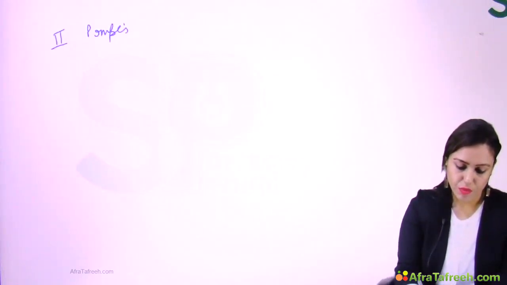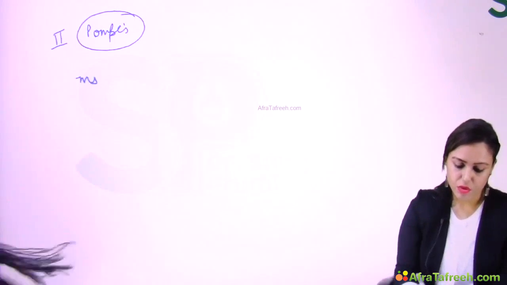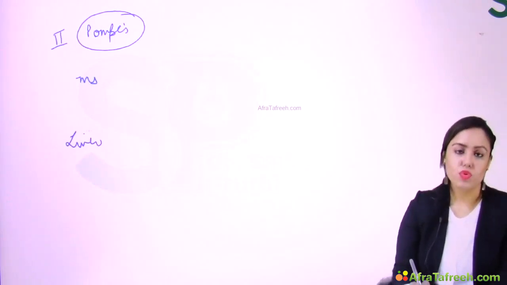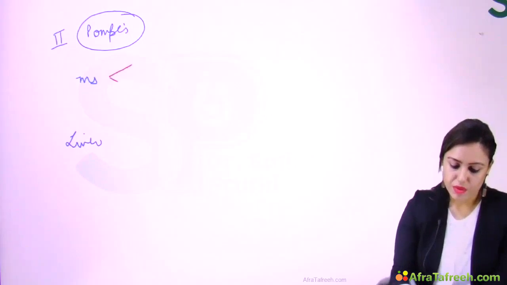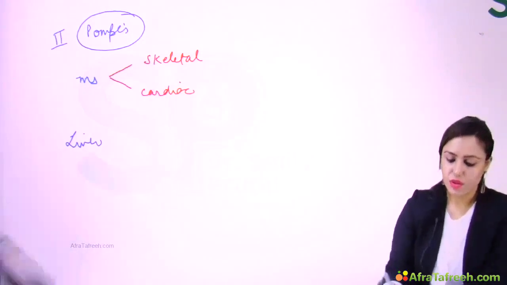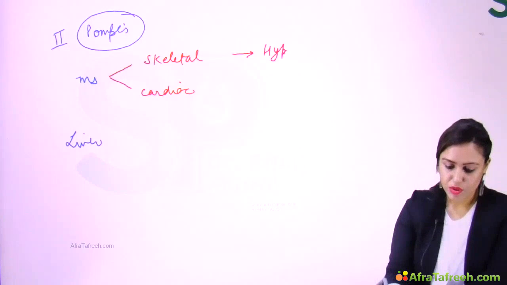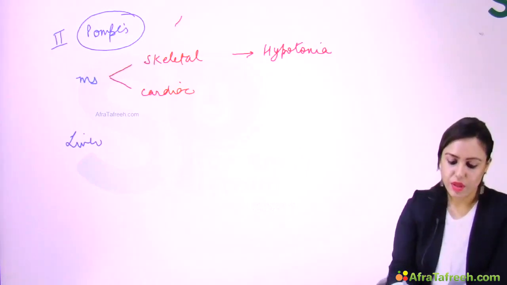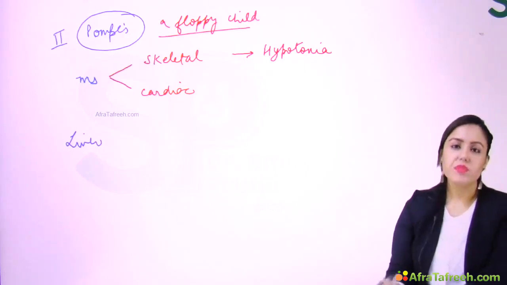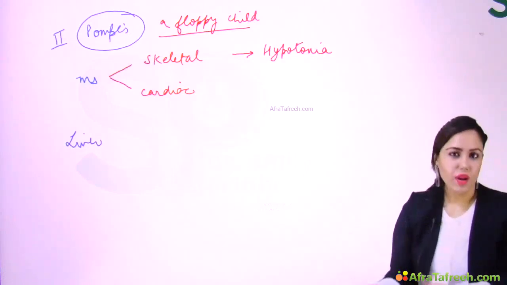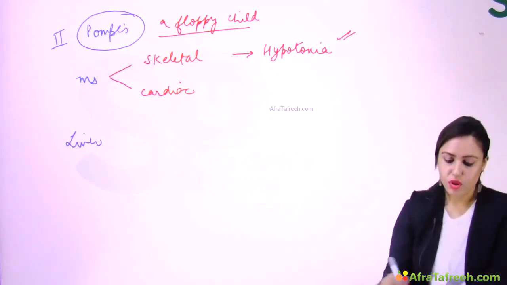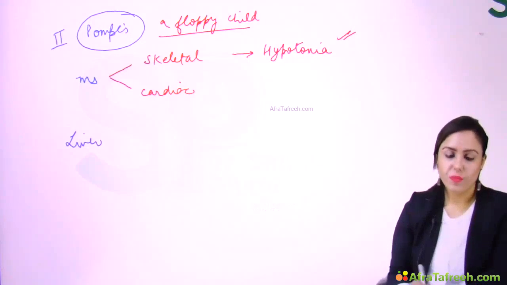Then type 2 Pompe's disease. In type 2 Pompe's disease, muscle is also affected, liver is also affected. When muscles are affected, both skeletal muscles and cardiac muscles are affected. So these patients have hypotonia. Usually the clinical picture is like a floppy child, limbs lying loose in position in a frog-like manner, okay, due to this hypotonia.